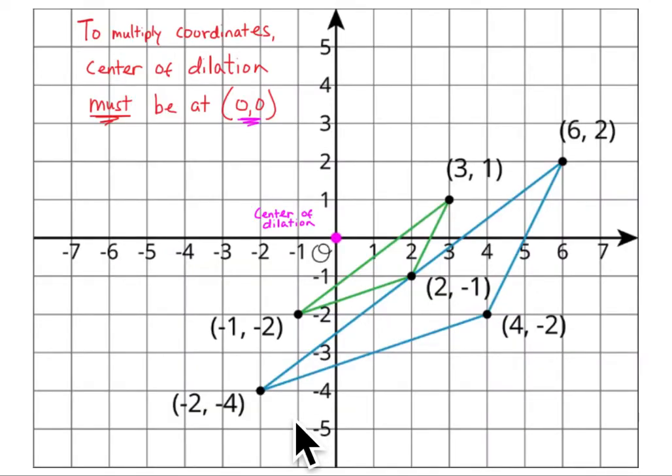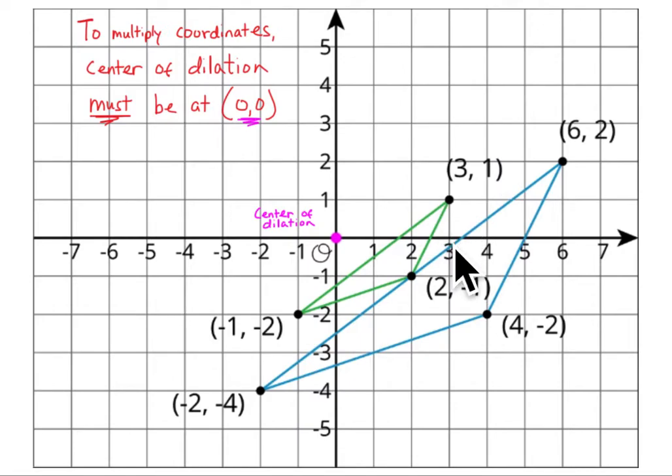Now, if you have a triangle, for example, and the center of dilation is at the origin, at 0, 0, then instead of counting, you can just multiply the coordinates. This only works if the center of dilation is at 0, 0. So for example, this coordinate is 3, 1. If I multiply the coordinate 2 times 3, it's going to go out 6 units instead of 3 units, a scale factor of 2.